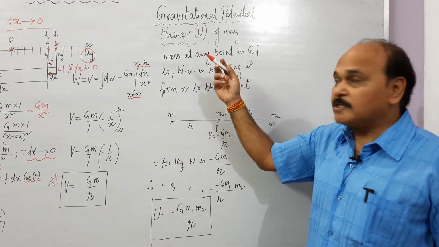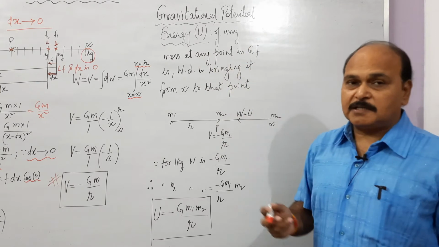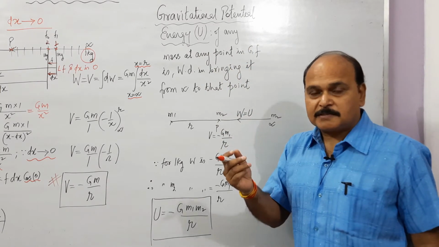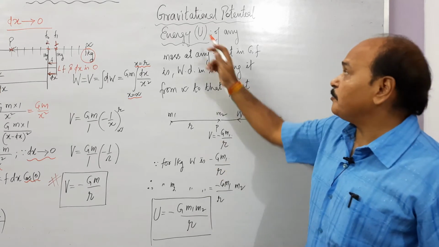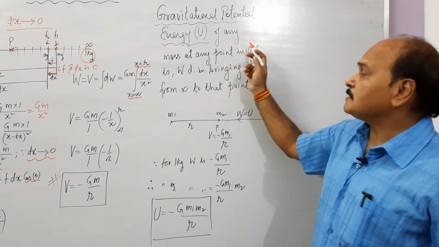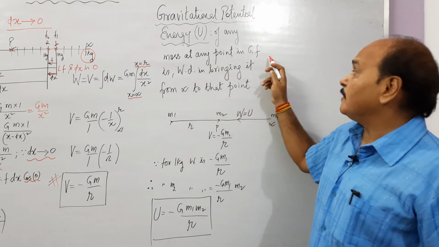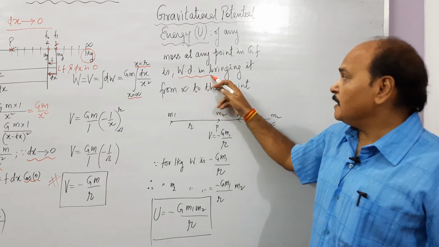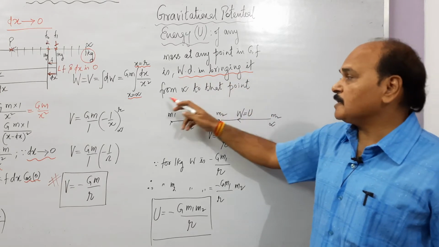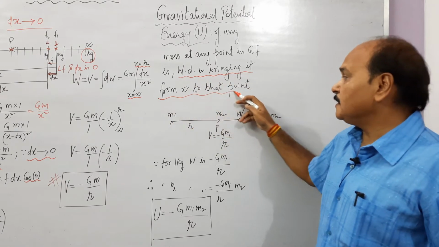Children, let us study what is the gravitational potential energy of any mass at any point in a gravitational field. So the gravitational potential energy of any mass at any point in a gravitational field is the work done in bringing that mass from infinity to that point.